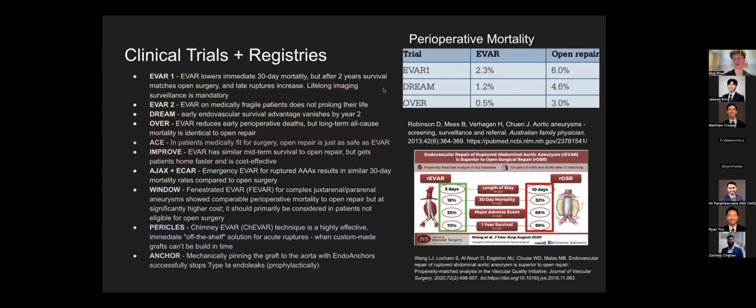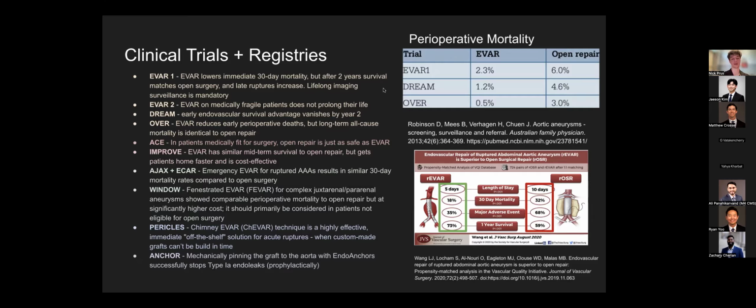So these are some of the more important pivotal trials in this space. In general, they showed that EVAR was superior to open short term, so around the 2 year mark, but then after 2 years, efficacy and safety was similar in both EVAR and open.